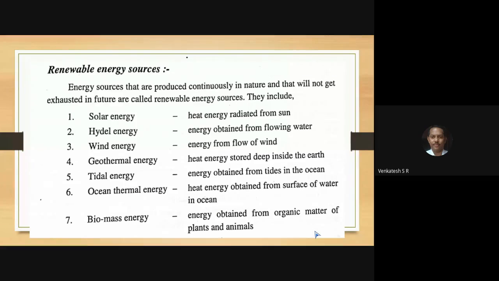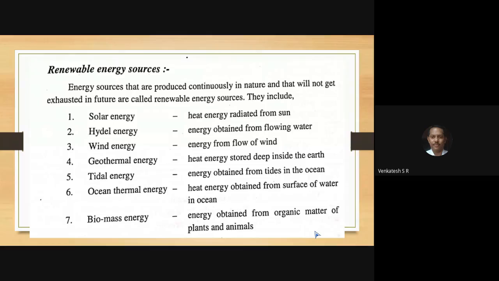Next, number six, ocean thermal energy: heat energy obtained from the surface of water in the sea or ocean.